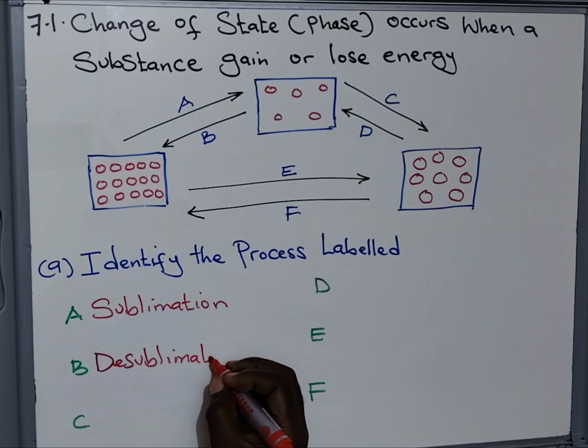C is changing from, we said this phase is gas because of the spacing of the particles. So C is changing from gas to liquid. This one is liquid because when you look at the particle arrangement, it's falling between these two extremes. It is neither too packed, neither too highly sparse, so that phase is liquid.